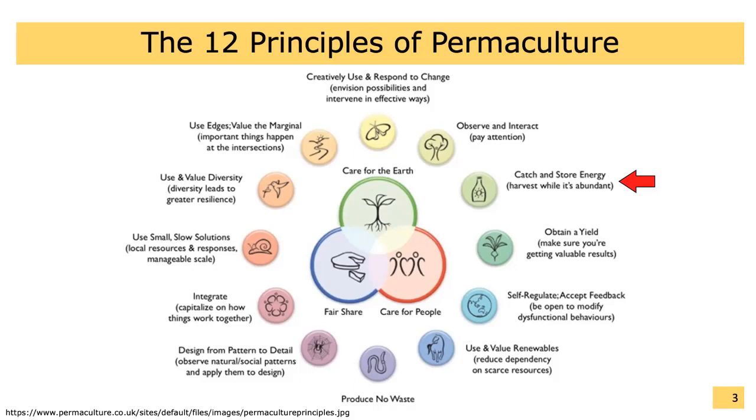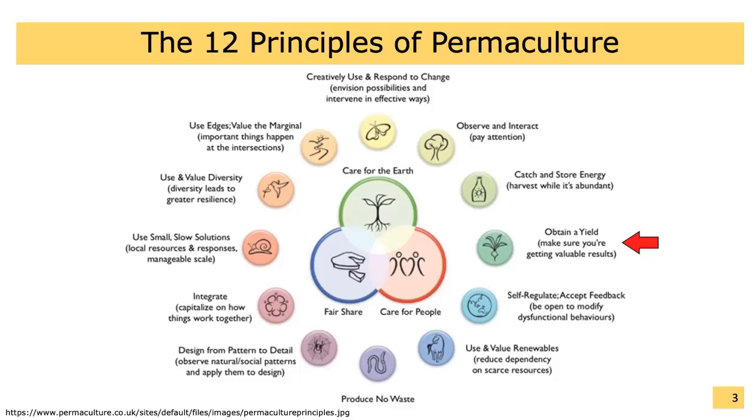Canal systems and catchment methods were used to store rainwater, which was used for irrigation and personal consumption during dry spells. This principle encourages us to revive and use such traditional methods in permaculture practices.